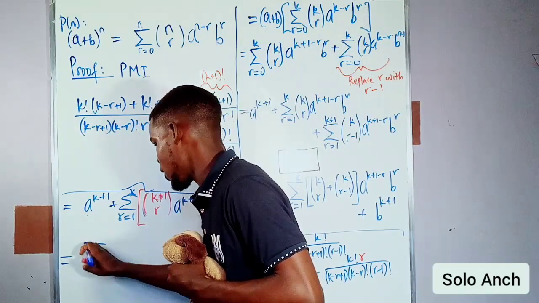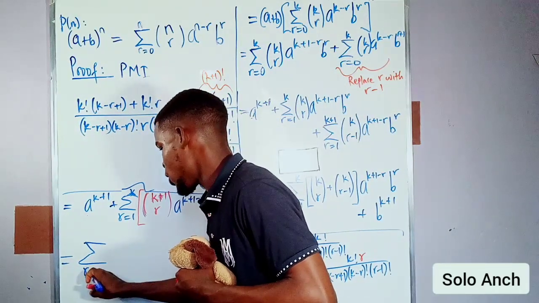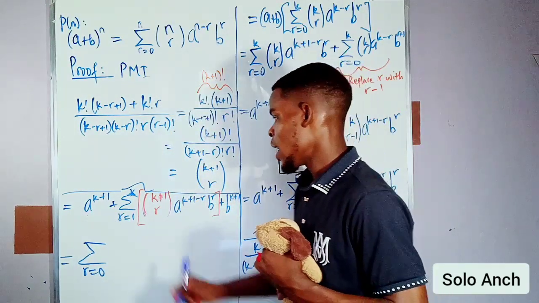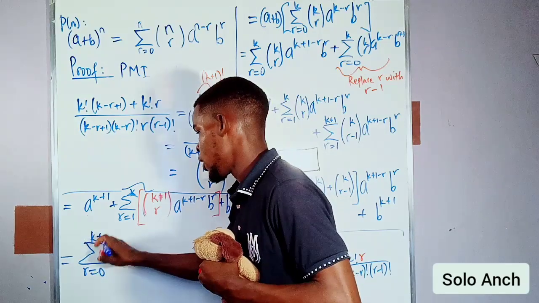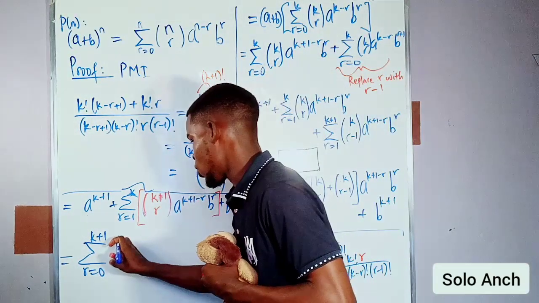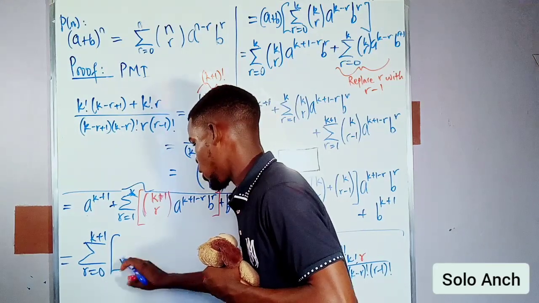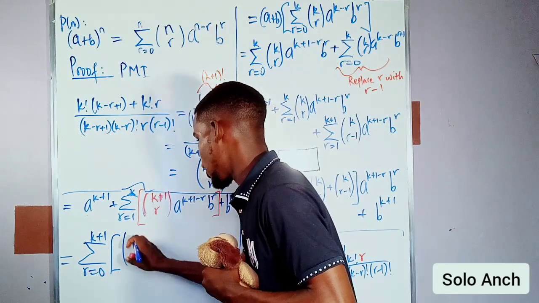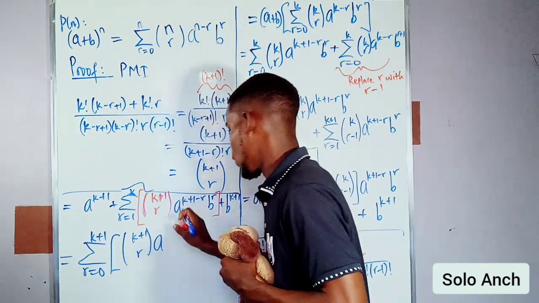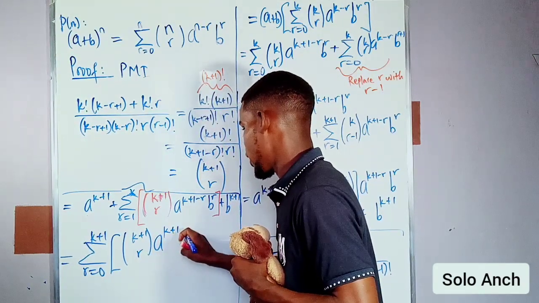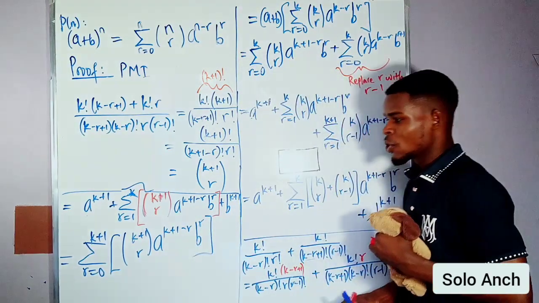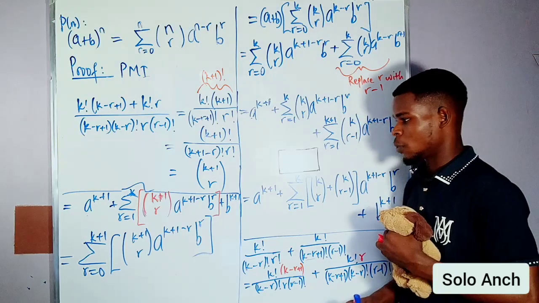That would mean we are going to have the sum as r starts from 0. From 0 means we are going to bring this thing inside it, all right? And then up to k plus 1. The k plus 1 means that we are going to bring this other term inside it. So everything will now turn out to be the combination. That will be k plus 1 choose r, a raised to the power of k plus 1 minus r, then b raised to the power of r.